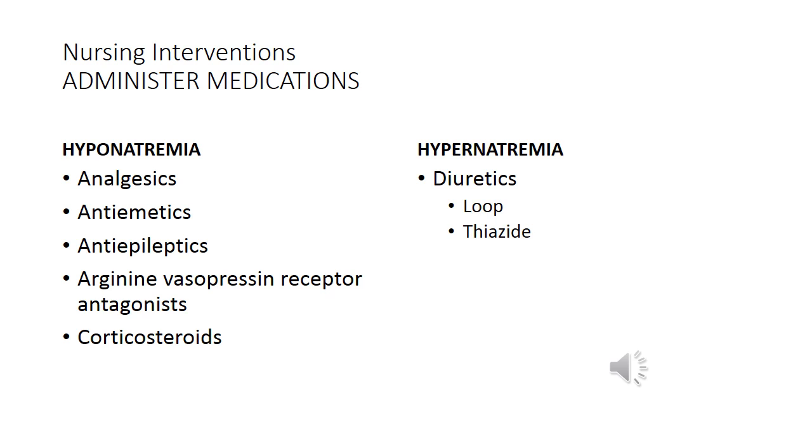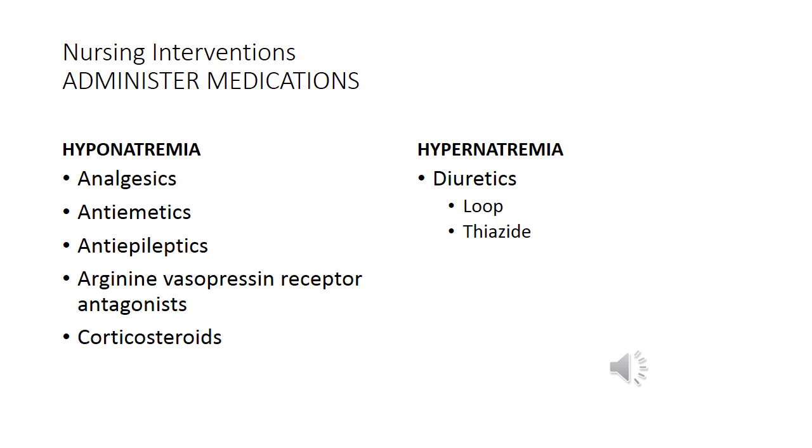Analgesics are used to decrease pain related to headache. Usually acetaminophen, Tylenol, or another NSAID are used. To treat nausea and vomiting, antiemetics such as promethazine or ephedrine may be prescribed. To treat seizures that are a result of hyponatremia, antiepileptic drugs such as phenytoin or Dilantin are ordered.